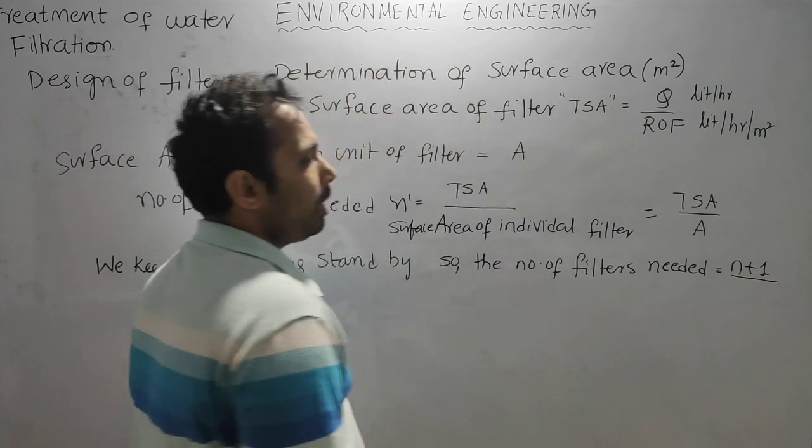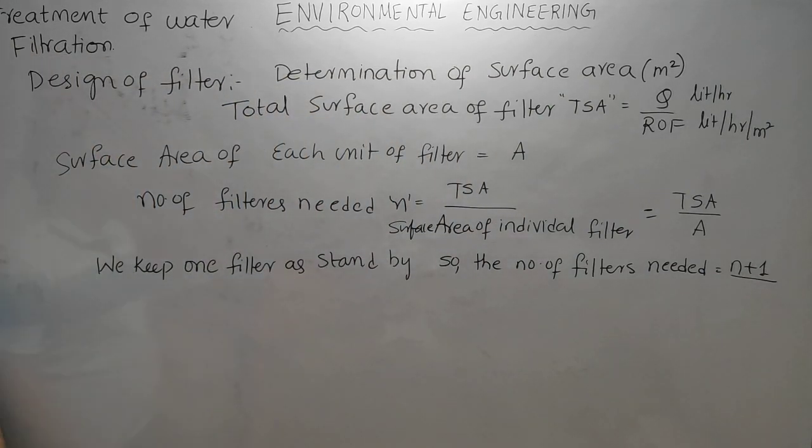If the requirement is N, then we will add 1 to it and provide one more filter in order to take care of maintenance. When you keep one filter in maintenance, then we need to have one filter standby. That is why generally we keep it as N plus 1.